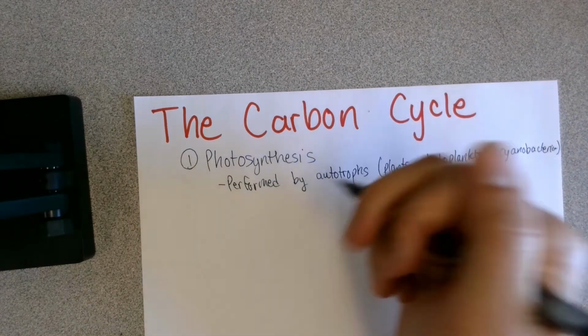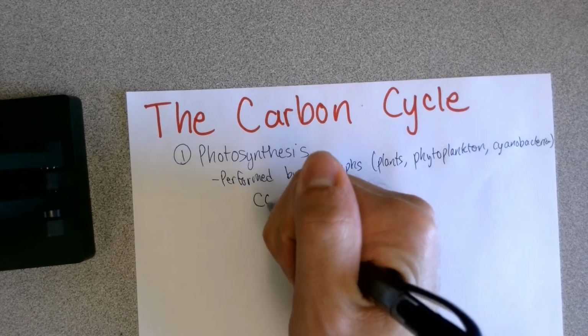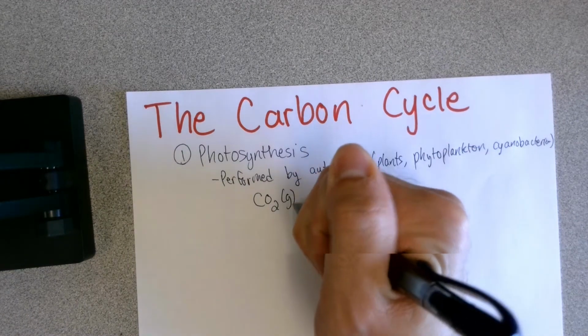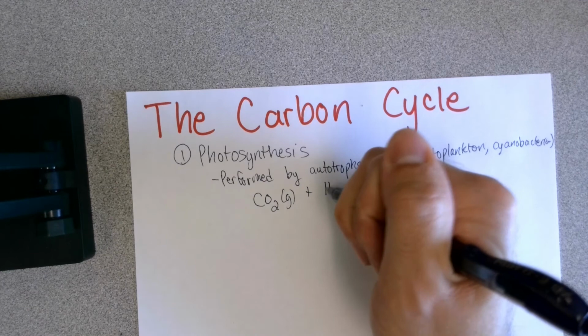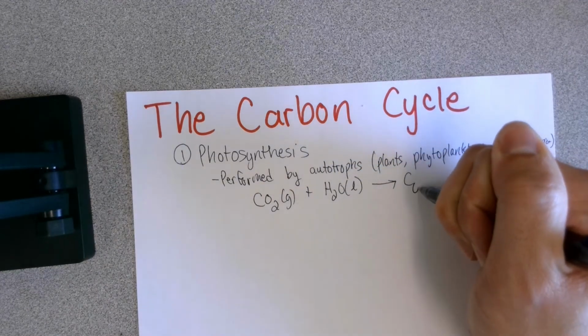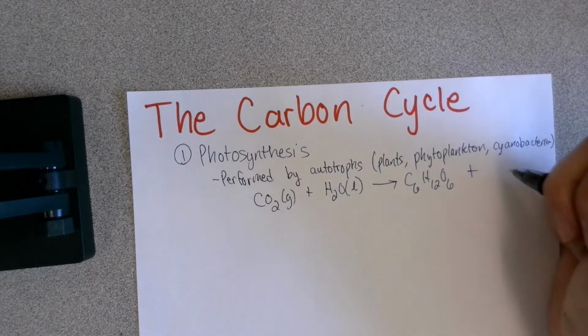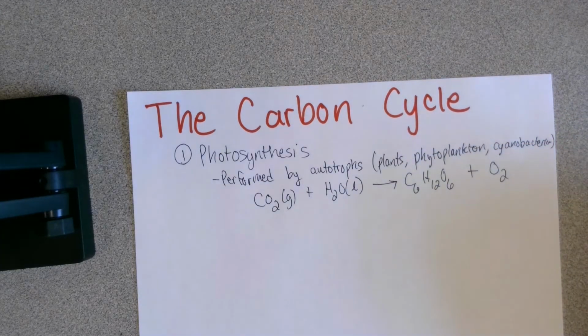Alright, so here's the chemical equation for photosynthesis. So basically they take CO2, which is a gas, plus H2O, which is a liquid, and they turn it into glucose plus oxygen, which we like to breathe.